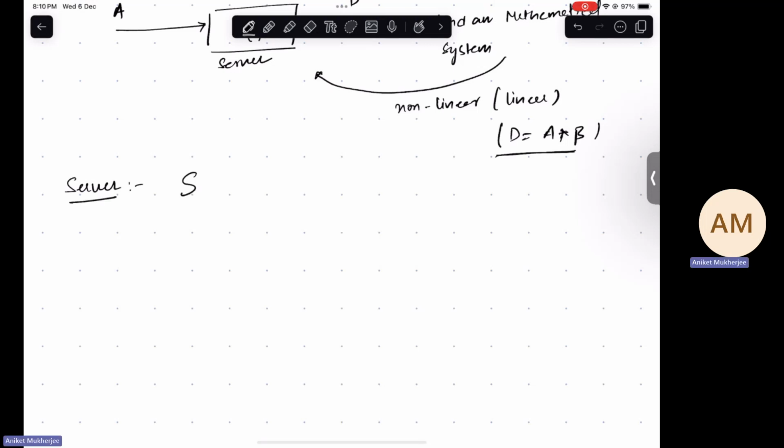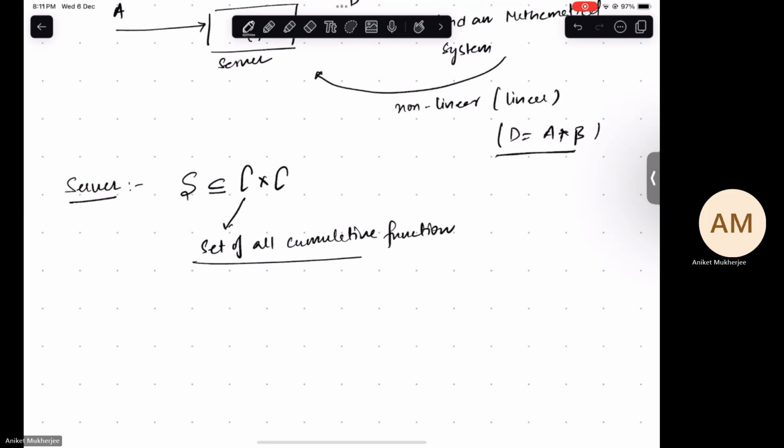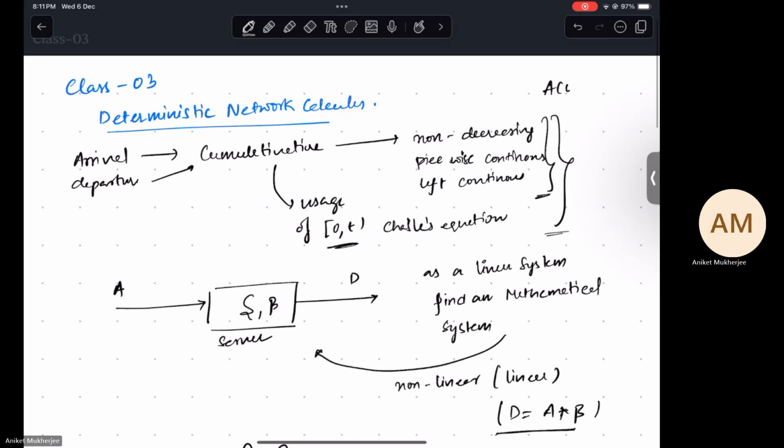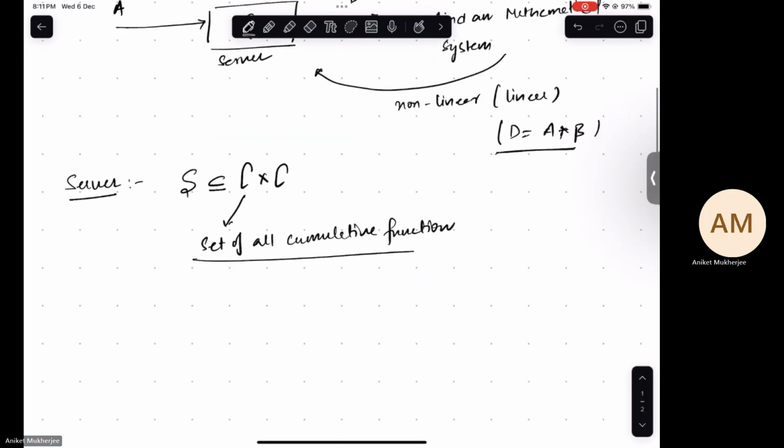So a server S is a subset of C cross C. C is a set of all cumulative functions. Cumulative functions are functions which have these properties and also A(0) equal to 0 and map to only positive integers, right?